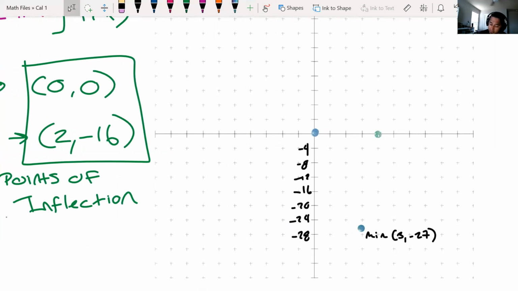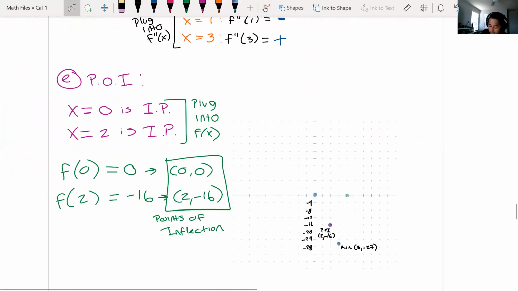So 0, 0 is already plotted, but now we need 2 and negative 16. There's my point of inflection. Okay, so everything is plotted.